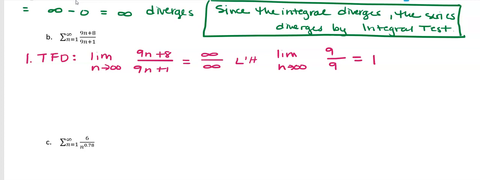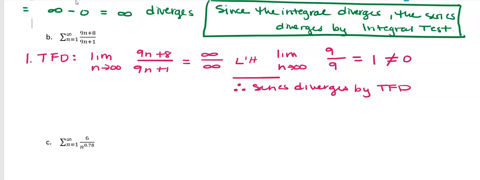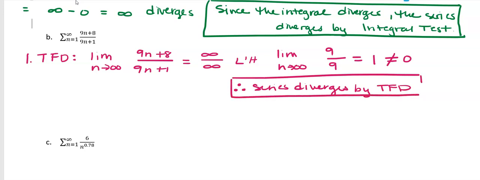Now, because the limit is 1, we know that is not equal to 0. And the test for divergence says if the limit is not equal to 0, then we know it diverges. So we have actually answered this question super quickly. So therefore, the series diverges by the test for divergence. And that is just about as simple as it's going to get.